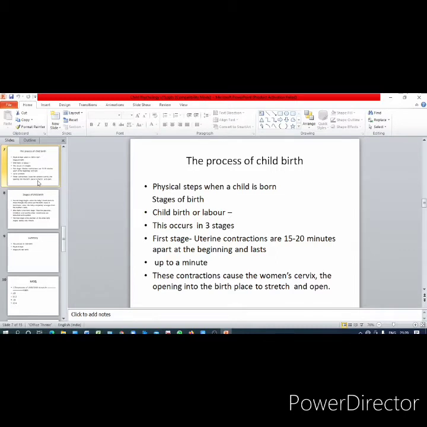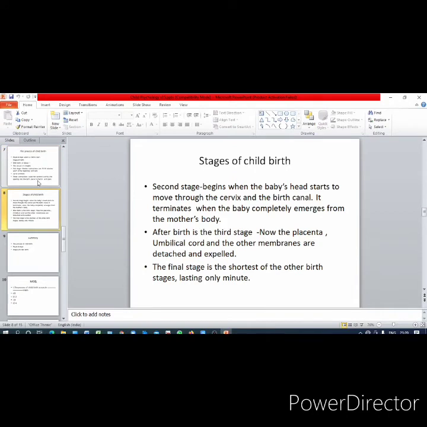With each contraction, the mother bears down hard to push the baby out of her body. By the time the baby's head is out of the mother's body, contractions come almost every minute and last about a minute each. This stage typically lasts about 45 minutes to an hour.